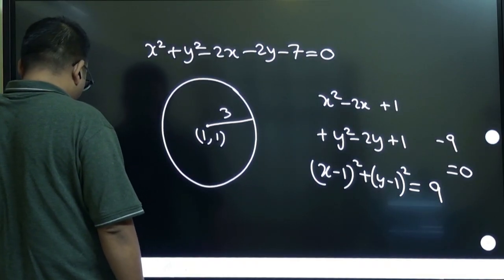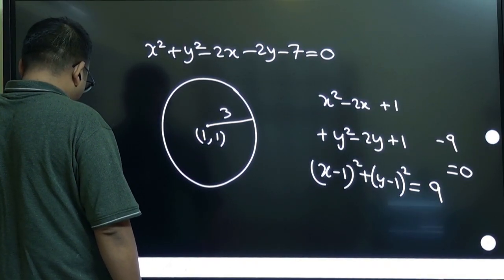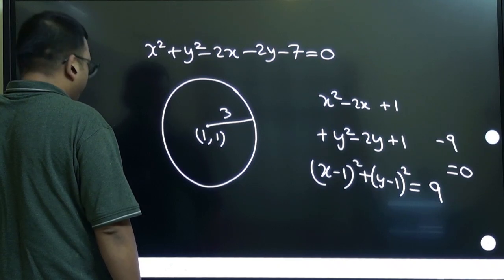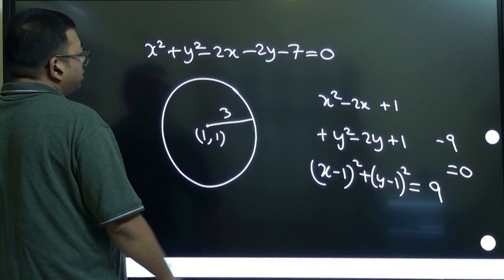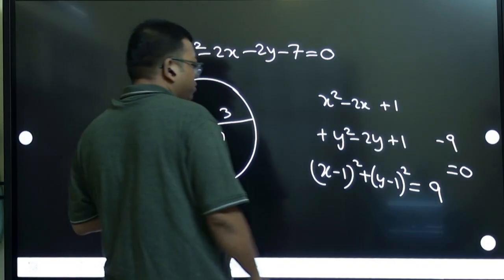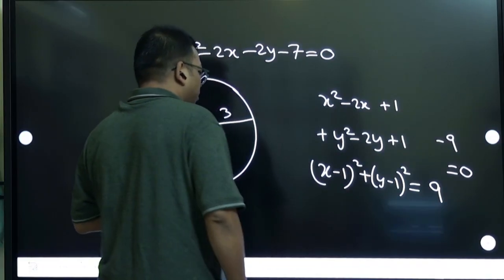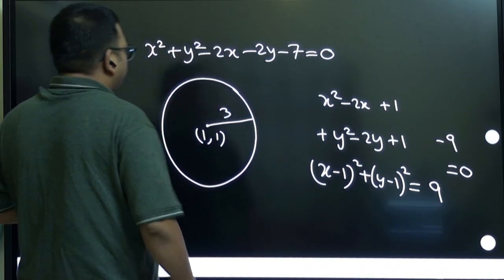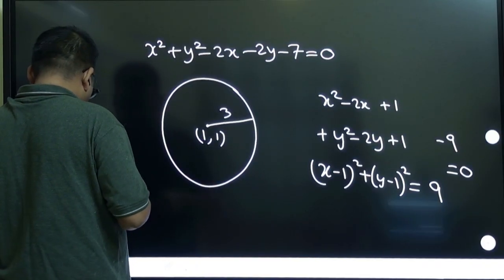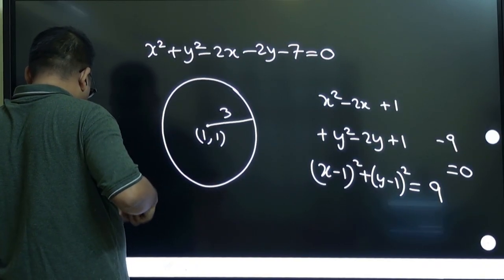Now they are asking the length of the chord of contact of point (4, 4). Does (4, 4) lie on this circle? 4 minus 1 is 3, 3 square is 9, 9 plus 9 is not 9. No, (4, 4) doesn't lie on that circle. So (4, 4) will be somewhere outside or inside, we do not know.